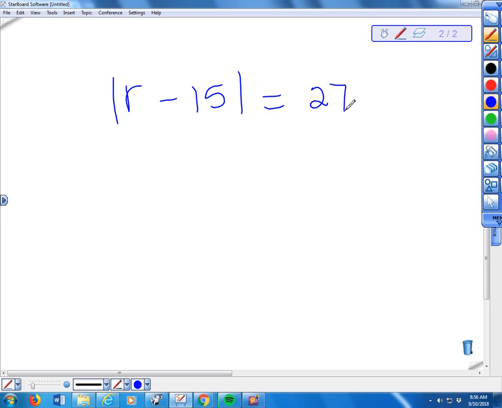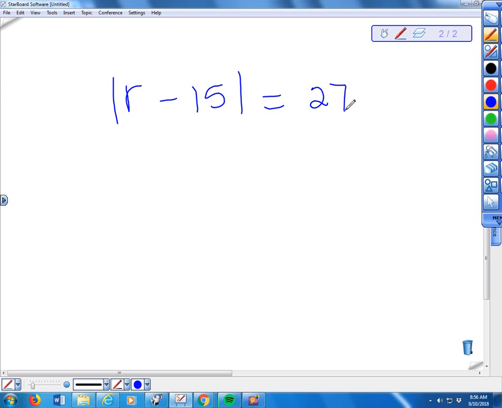Okay, absolute value equation. When I solve this, how do I do it? You write two different equations. Good. You always write two different equations. Only exception would be if the absolute value of m equals 0. Otherwise, you're going to write two different equations.